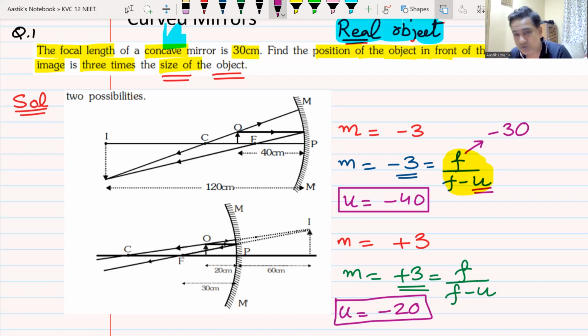I just gave you this question so that you don't forget that for a real object, a concave mirror can produce both images. So you will have to see what type of image is getting formed, because if the image is real, the answer is different. If the image is virtual, the answer is different.